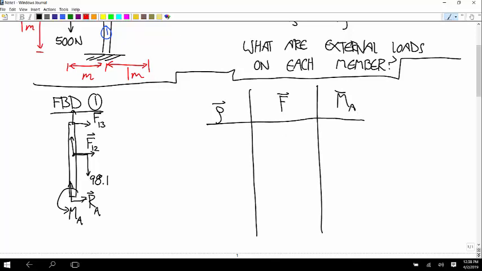Okay, so I'm going to put the about point down here at the ground. So first for that force RA, there's no row vector. Force is RAX, RAY, and then no moment.